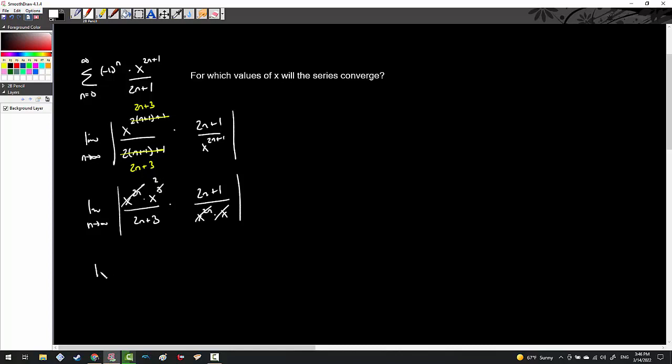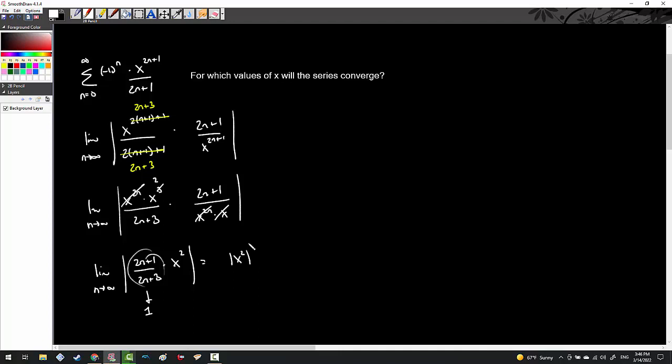What that gives me is the limit as n goes to infinity of 2n plus 1 over 2n plus 3 times x squared. Now, it's important to note that this is the limit as n goes to infinity, which means x is pretty much a constant right here. It's a non-variable, which means this fraction ultimately goes to 1, and I end up with just the absolute value of x squared. Now, the ratio test is contingent upon this total being less than 1.